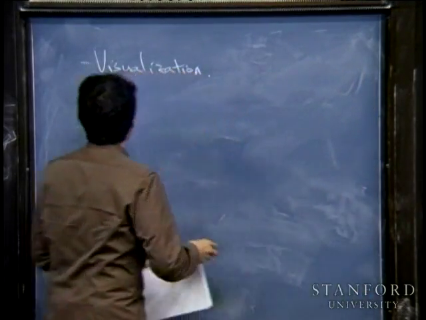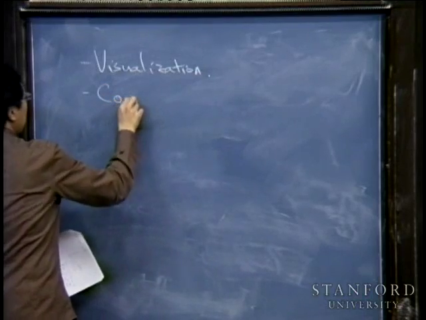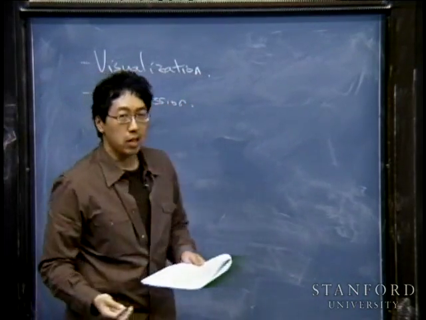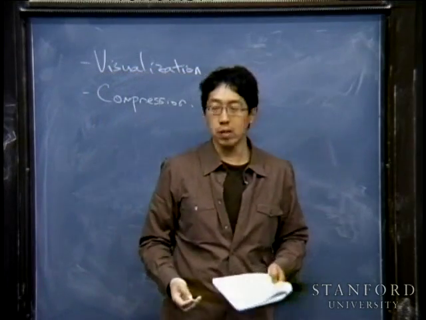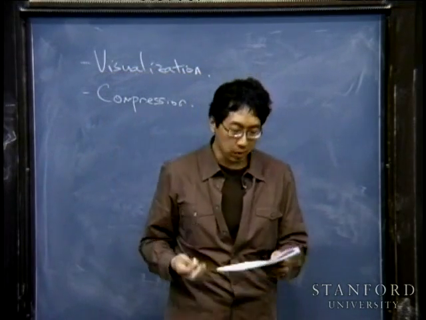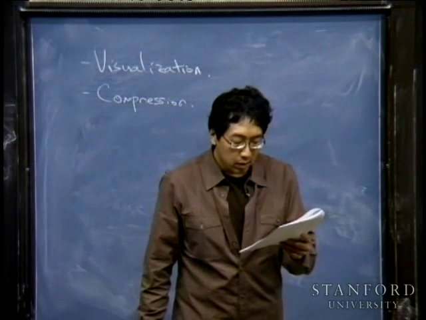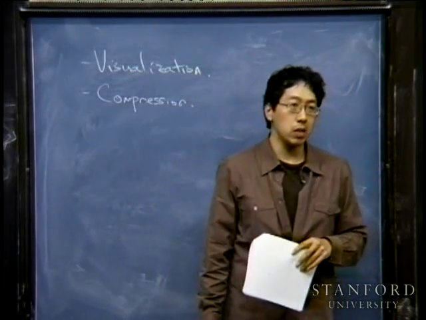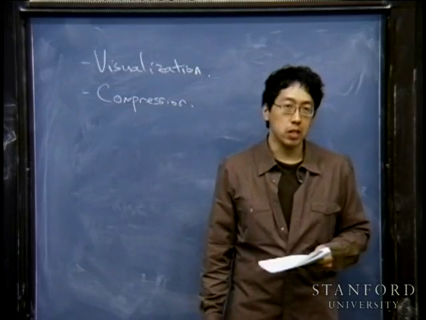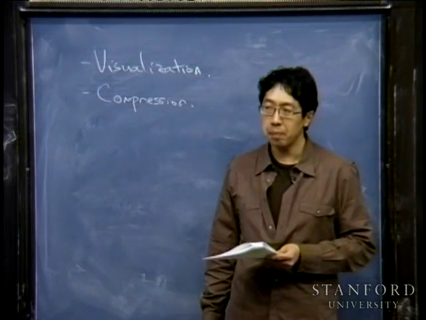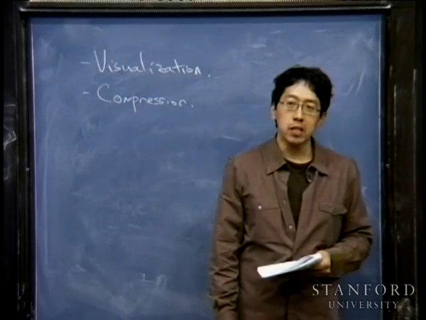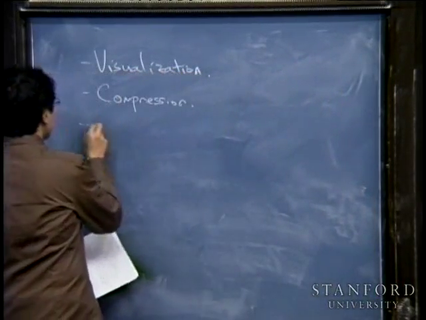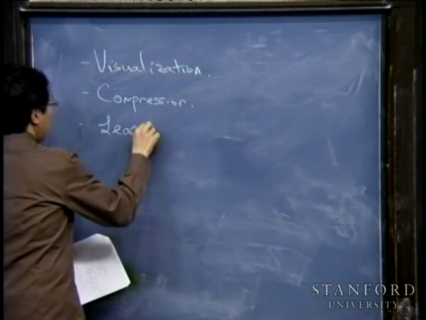Another common application of PCA is compression. If you have high-dimensional data and you want to store it with fewer real numbers, clearly PCA is a great way to do this. It turns out also that sometimes in machine learning, you're just given extremely high-dimensional input data, and for computational reasons, you don't want to deal with such high-dimensional data.